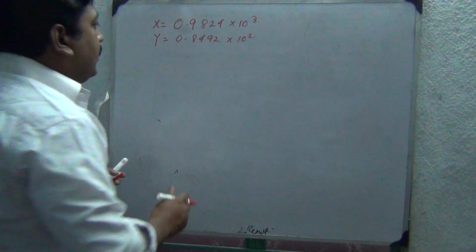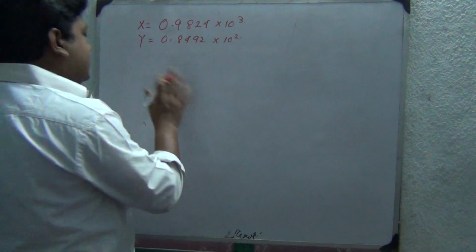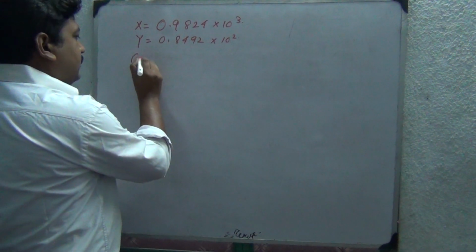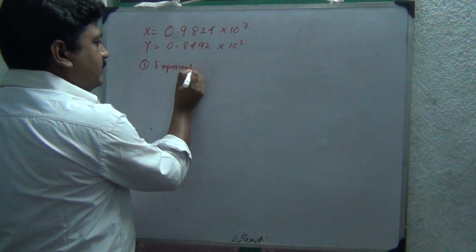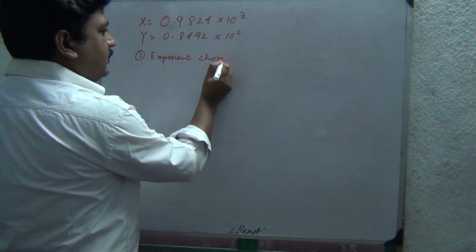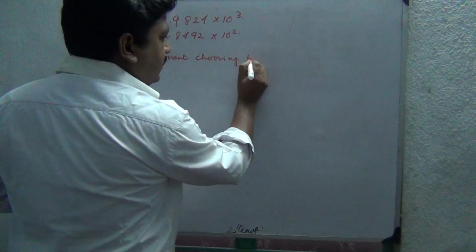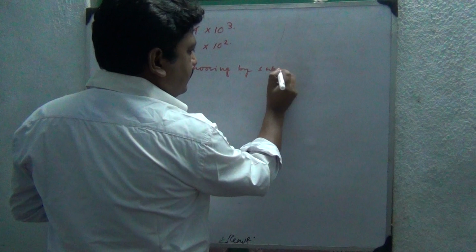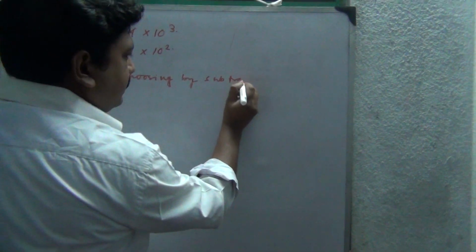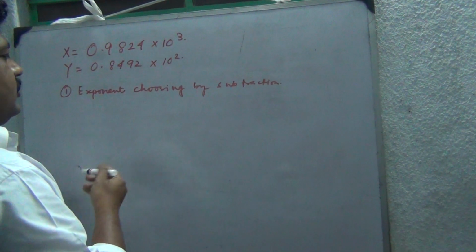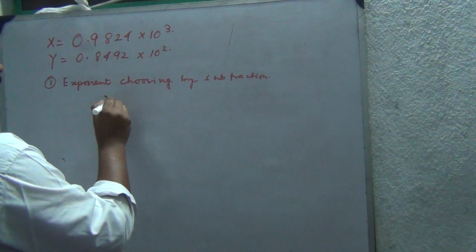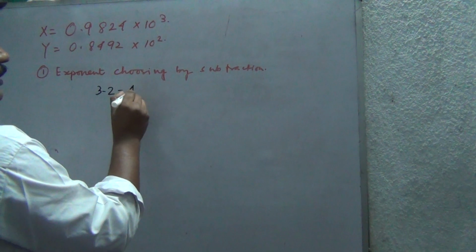At first, what is the first step? Choosing the exponent by subtraction. So 3 minus 2 is equal to 1.